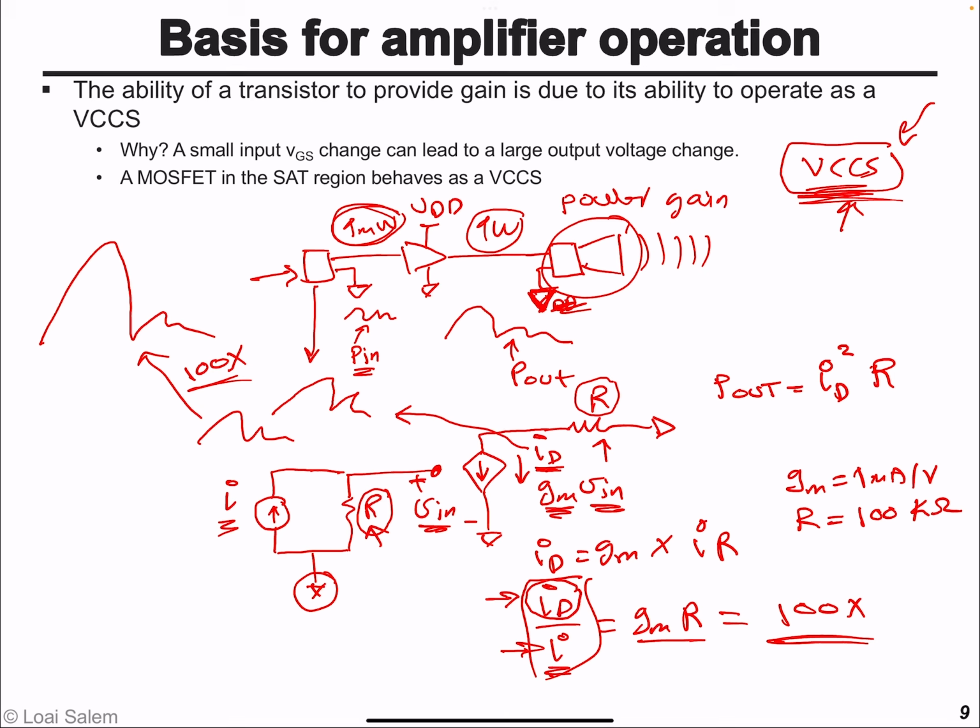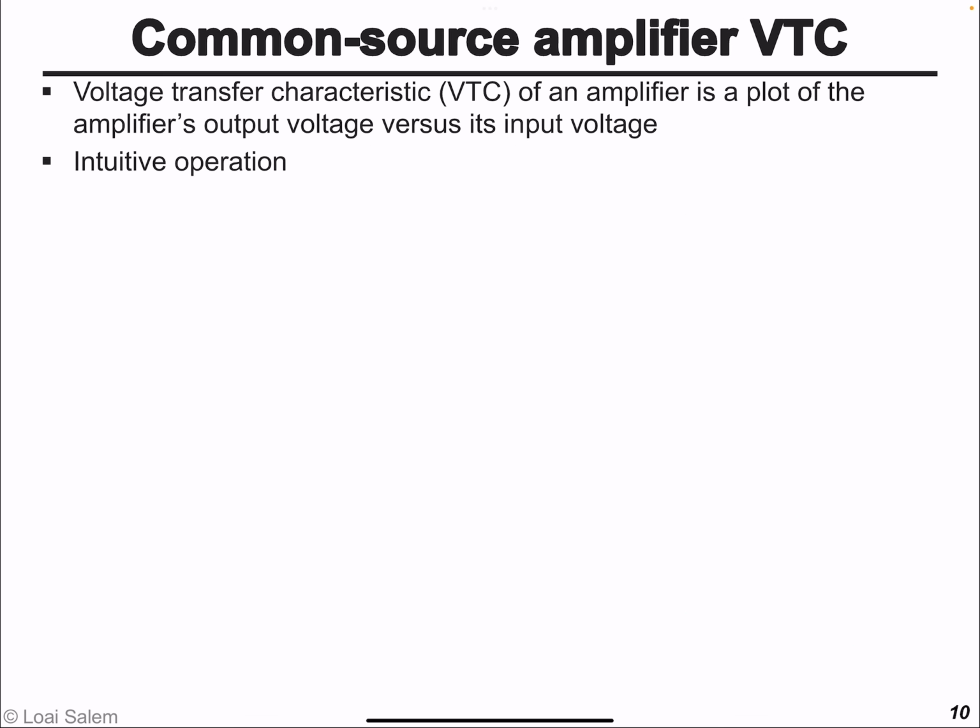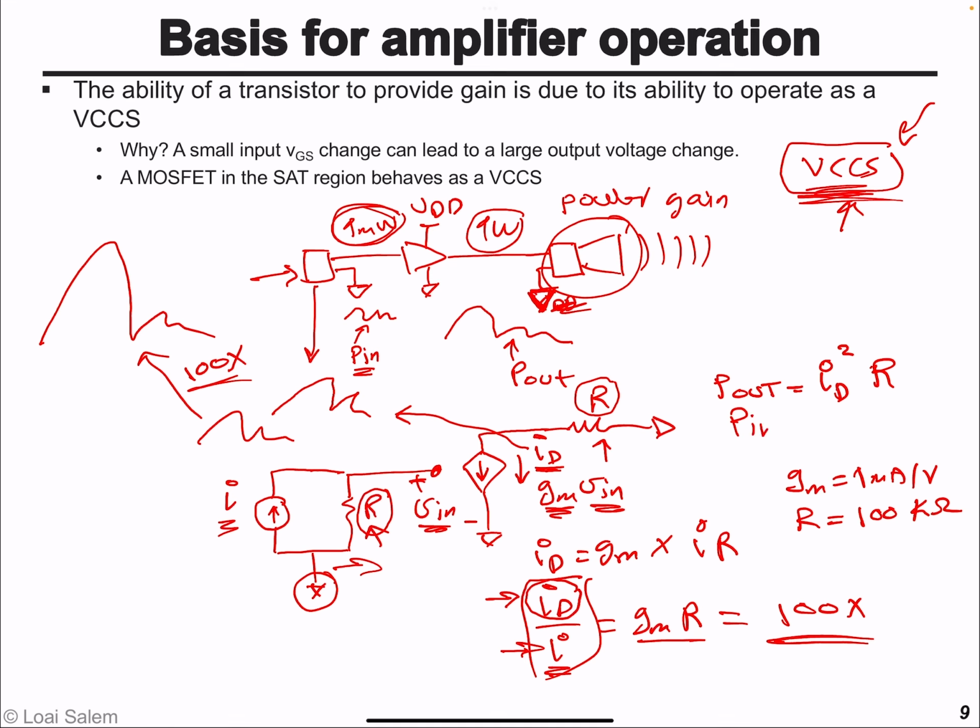And so the input power produced by the microphone is I square times the equivalent resistance of the microphone, R. So since we amplify the input current of the microphone 100 times, we'll find that the output power is going to be 10 to the power 4 times the input power.